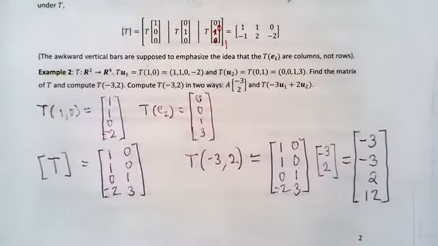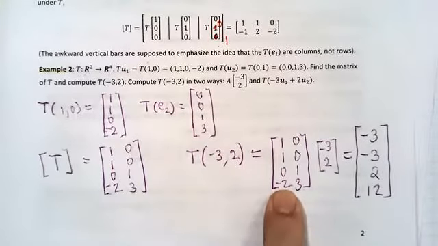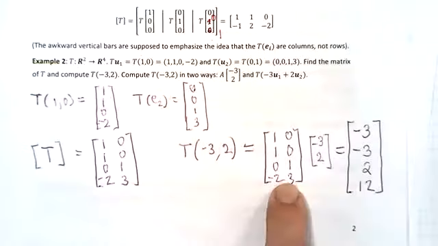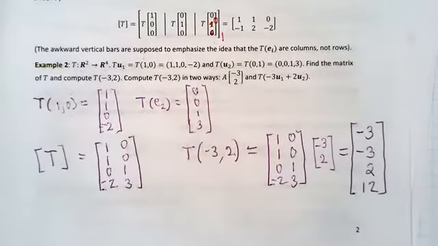Okay, so if I know what it does to the standard basis, boom, I write down the matrix of the linear transformation. And now if you want to know what is the image of any other vector in R2, I just do a multiplication and I'm done. Okay, any question about that?